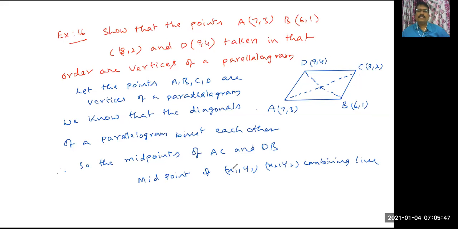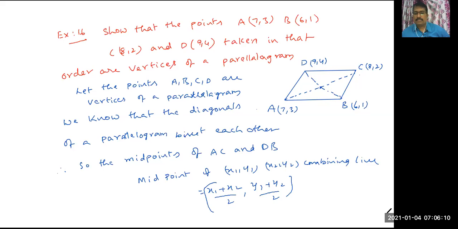From the section formula with m:n, here m:n is 1:1, we get (x1 plus x2 by 2, y1 plus y2 by 2). That's the midpoint formula. So, the midpoint of AC.